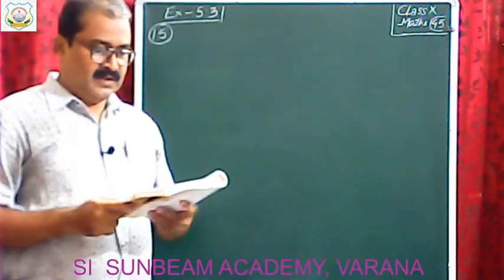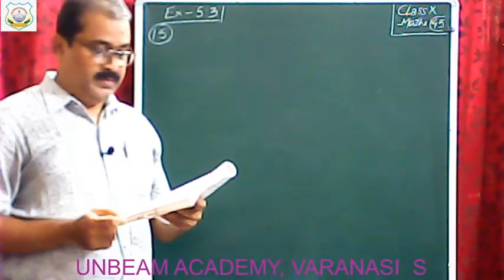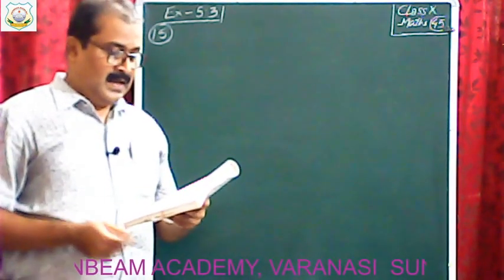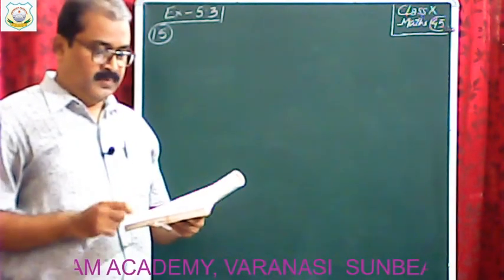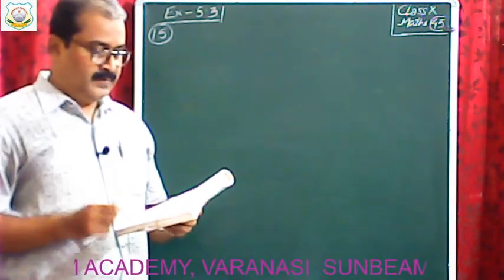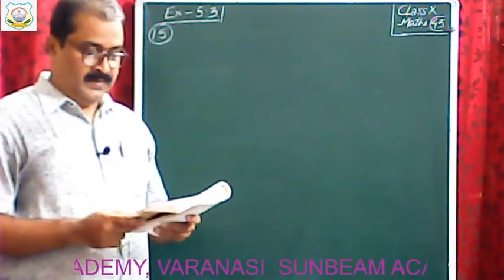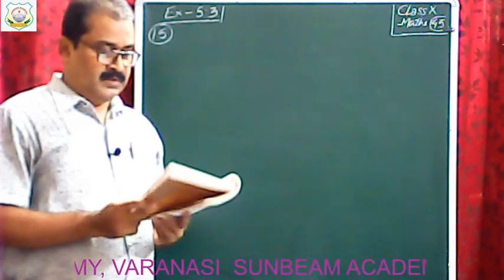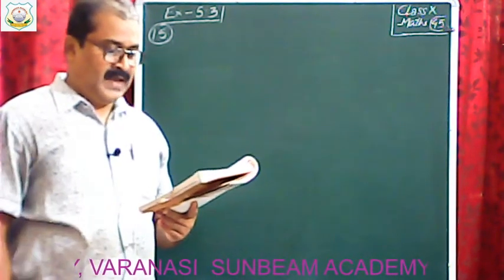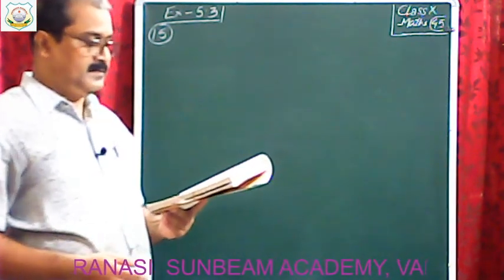A contract on construction job specifies a penalty for delay of completion beyond a certain date as follows: rupees 200 for the first day, rupees 250 for the second day, rupees 300 for the third day, etc. The penalty for each succeeding day being rupees 50 more than for the preceding day. How much money the contractor has to pay as penalty if he has delayed the work by 30 days?